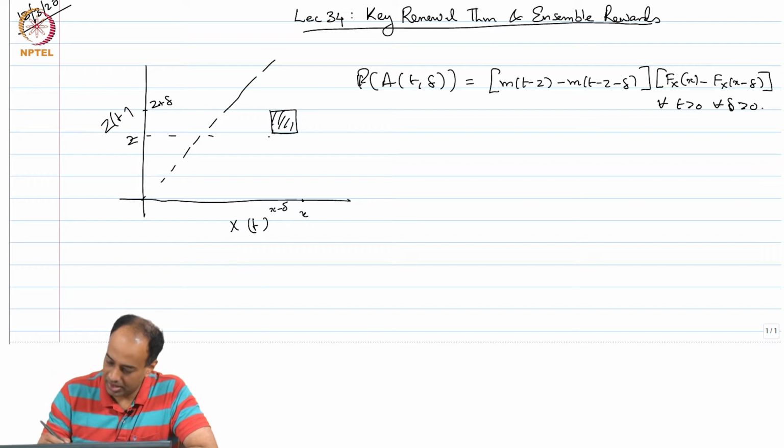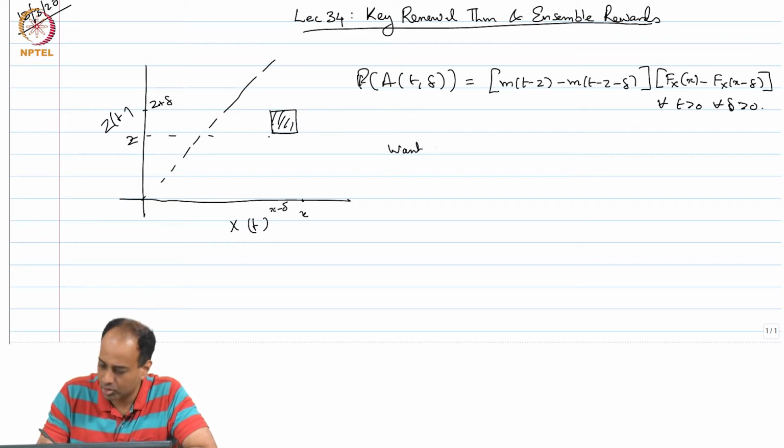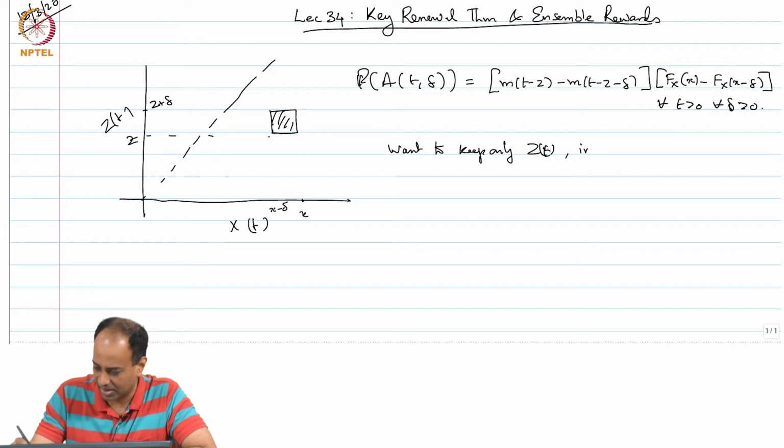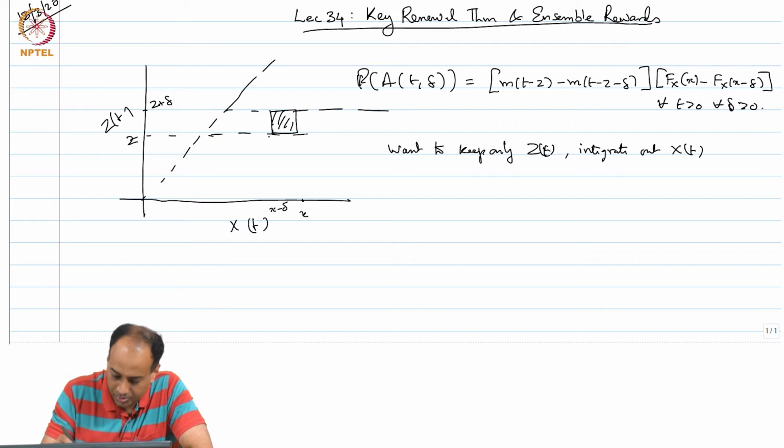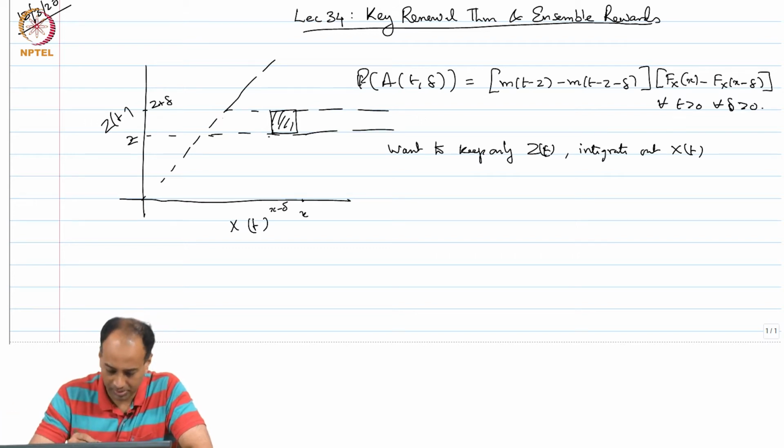Suppose I want to keep only Z(t), basically integrate out X(t).